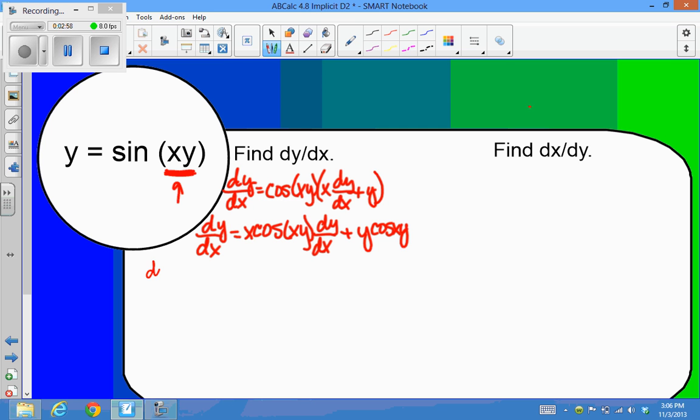So I get dy/dx minus x cosine of xy dy/dx equals y cosine, or excuse me, cosine xy. dy/dx is in common over here on the left-hand side. I see that, that's in both terms. So I factor my dy/dx out. And that leaves me with 1 minus x cosine of xy.